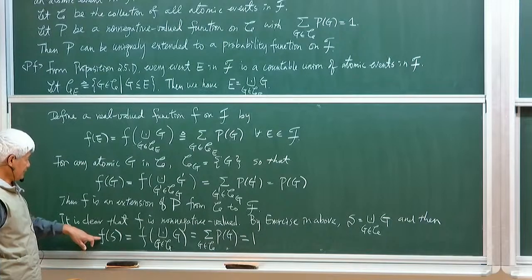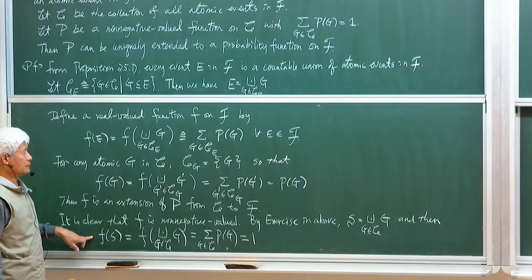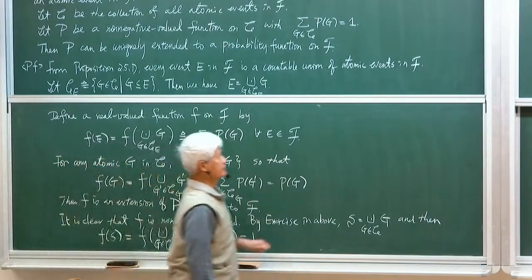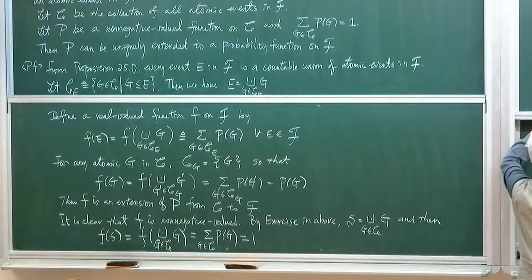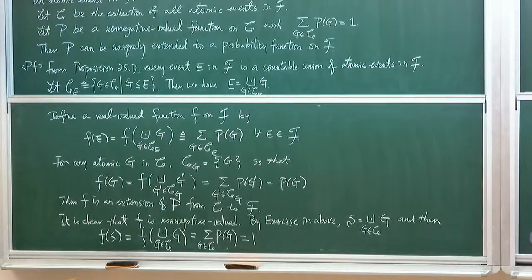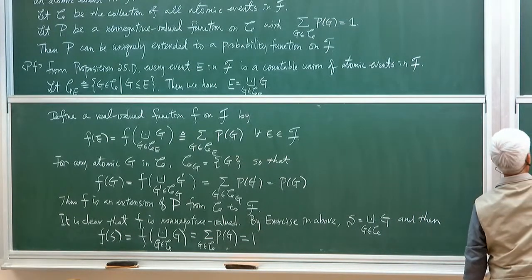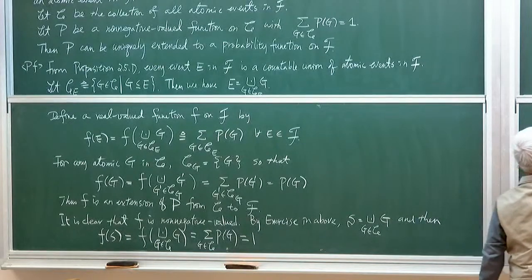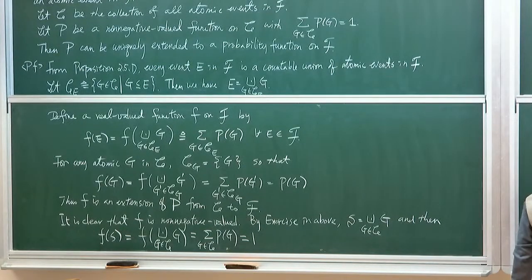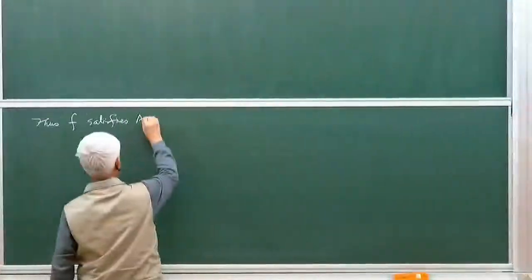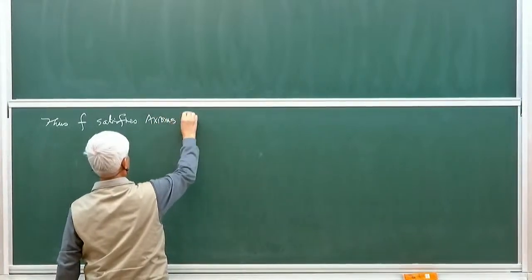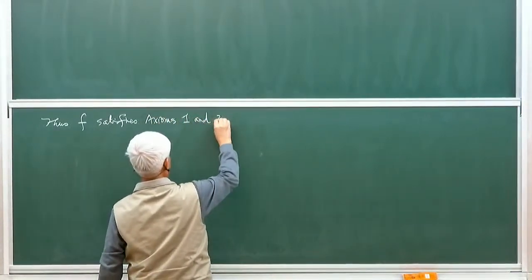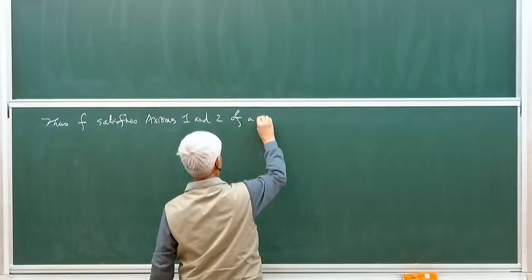So the function value of the total event is equal to 1. So that's f satisfies axioms 1 and 2 of a probability function.